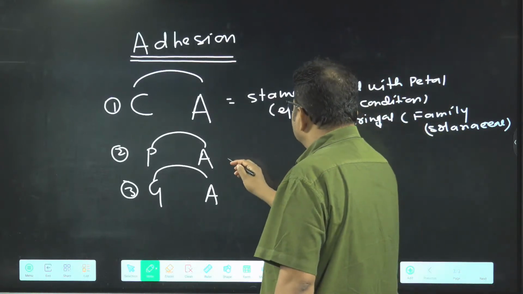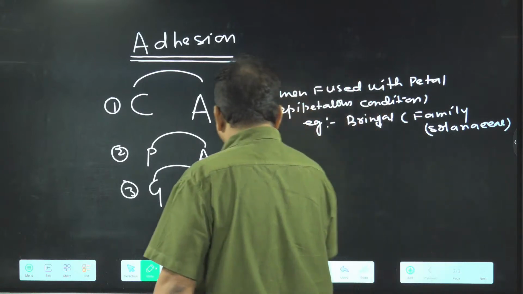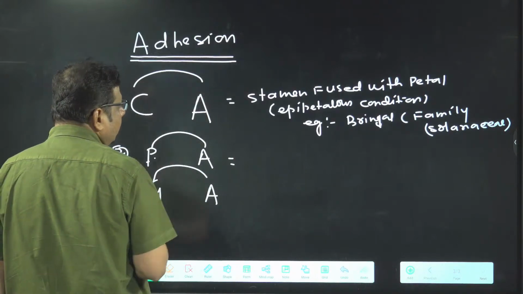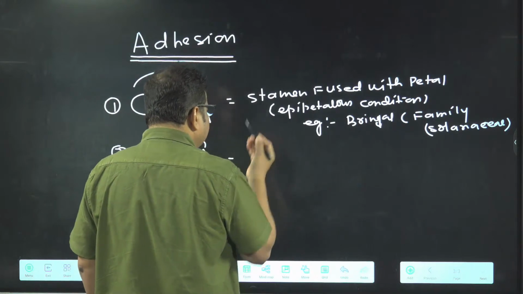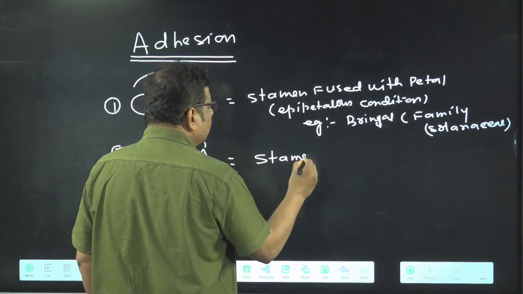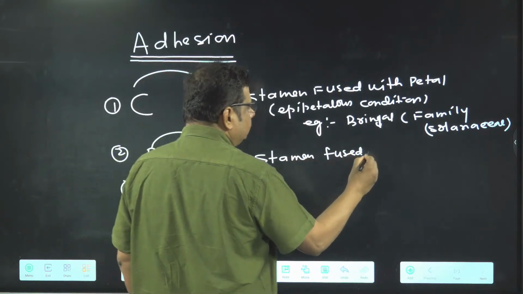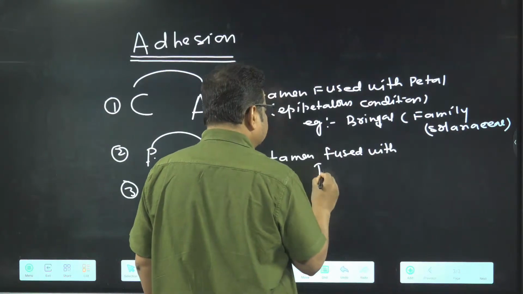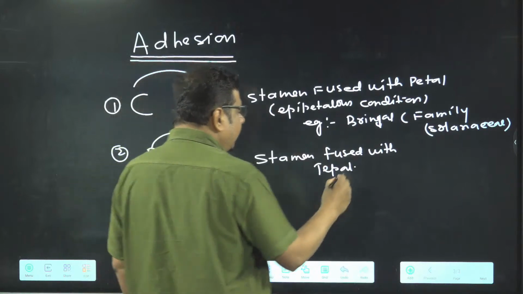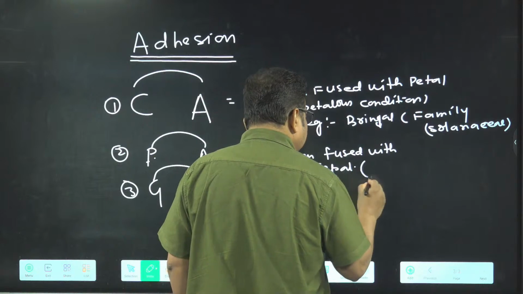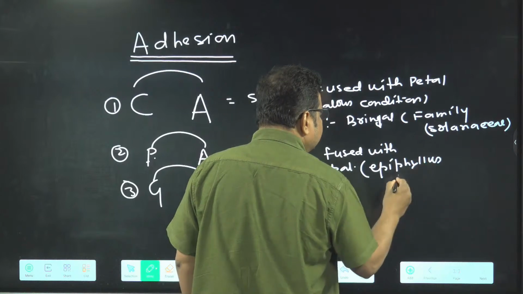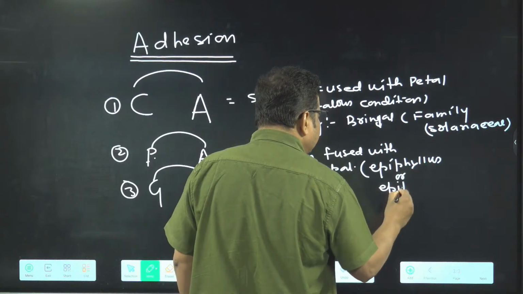Now have a look. So next one is what? Androecium stamen fused with which one? Perianth. Or you can say tepal. Single leaf of the perianth is called what? Tepal. So you should say stamen fused with tepal. Tepal is a single leaf of which one? Perianth. And that condition is called what basically? Epiphyllous condition. Somewhere it is also written epitepalous.